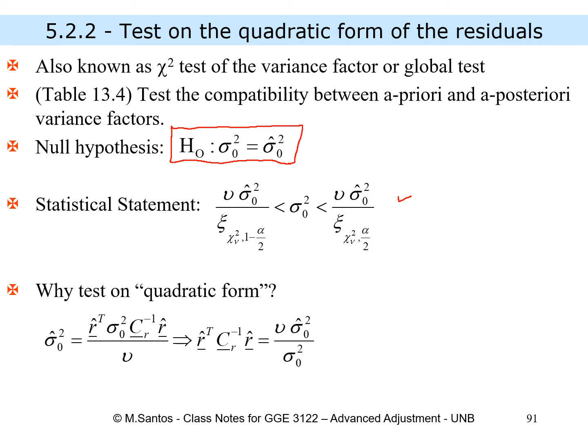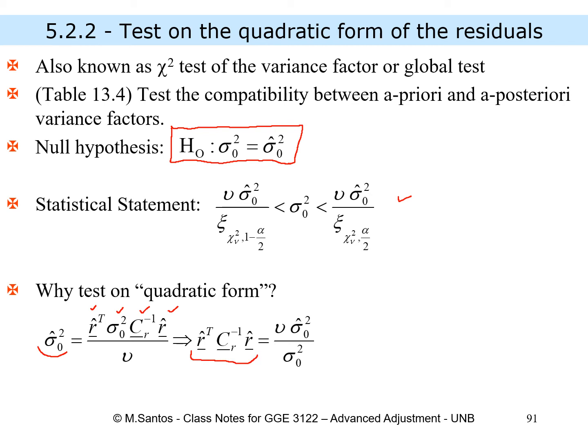So this is the a posteriori variance factor, the equation that we use to compute it. This is the squared residuals, and this is the covariance matrix of the observations, scaled by the a priori variance factor. So we can now write the quadratic form in this way.